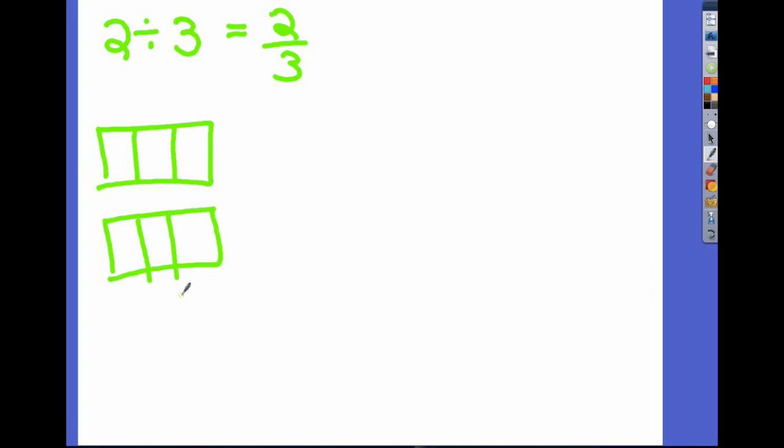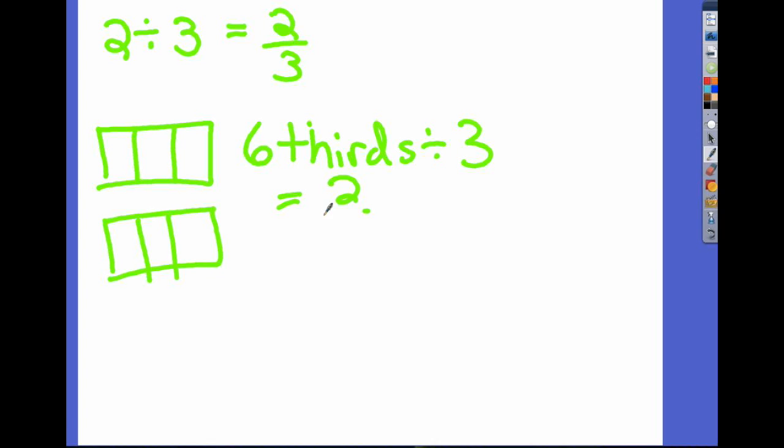How many parts do we have? 6. Divide by what? 3. That's what our unit looks like. And that would equal, what's 6 divided by 3? 2 over 3.